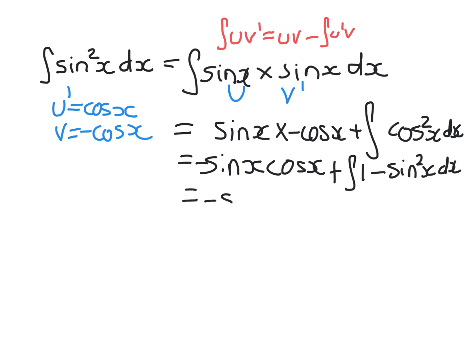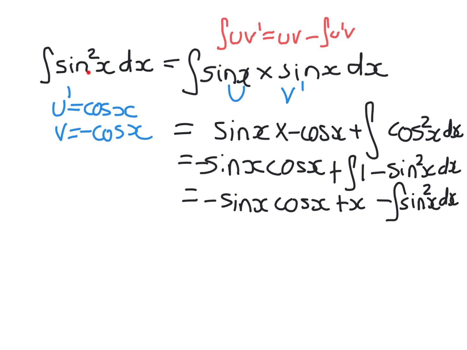So what we have here is negative sine x cos x. Integral of 1 is just x. And then we have minus the integral of sine squared x dx. Now, because we have this sine squared x over here, we can move it there by adding it to both sides.